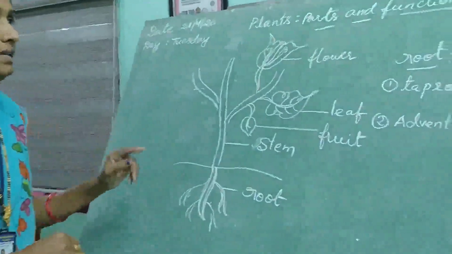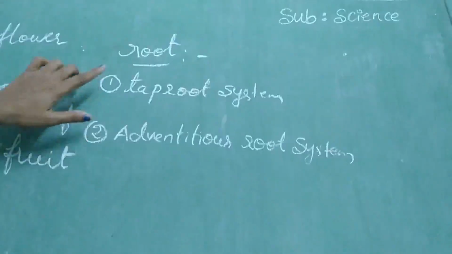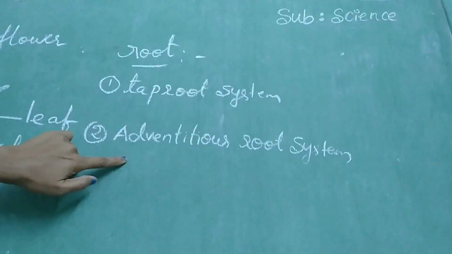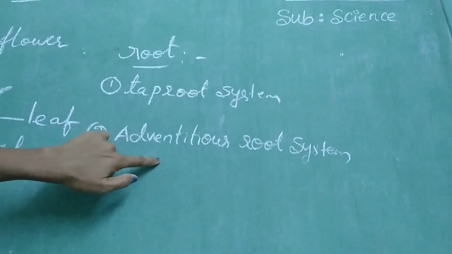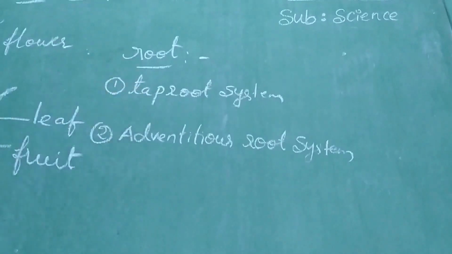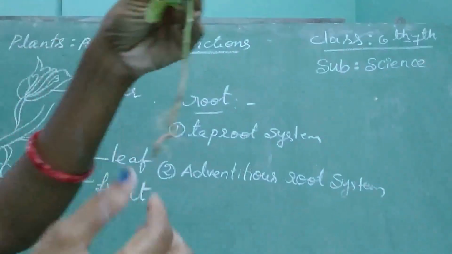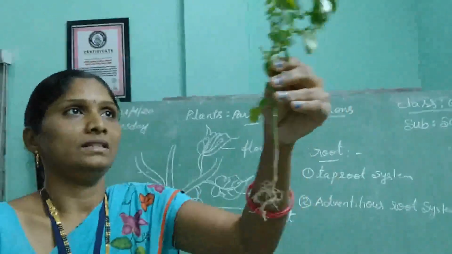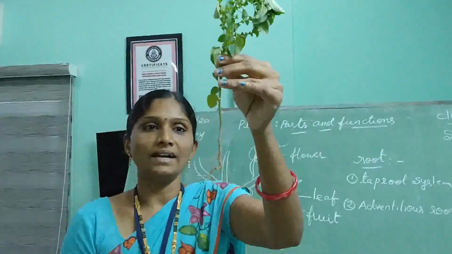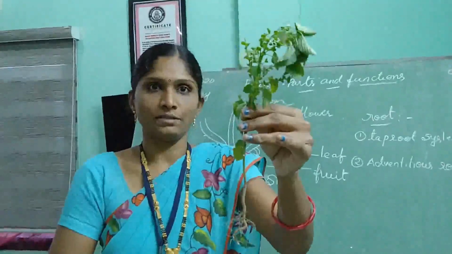And the second step is there are two types of root systems. The first root system is taproot system, and the second root system is adventitious root system. The taproot system plant is also known as dicotyledonous plants.